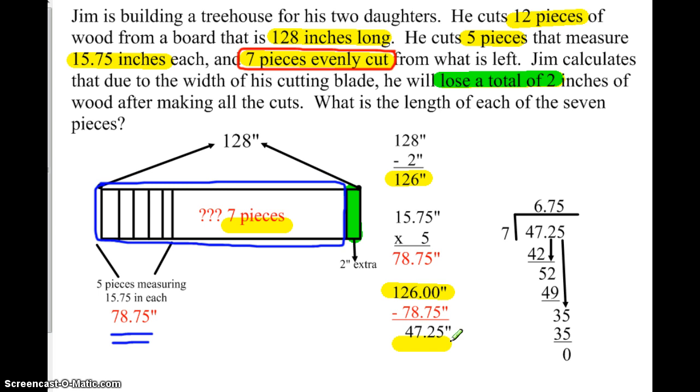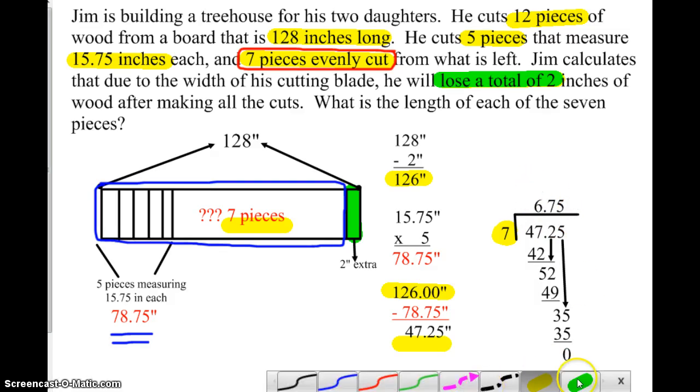But now I need to know how much each piece measures. So I take that 47 and 25 hundredths inches, and I need to divide it by those 7 pieces. And I do my division, and I end up with 6 and 75 hundredths of an inch each.